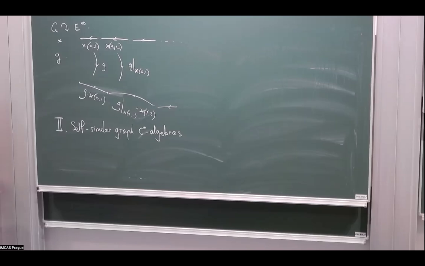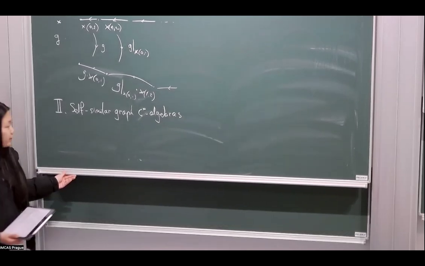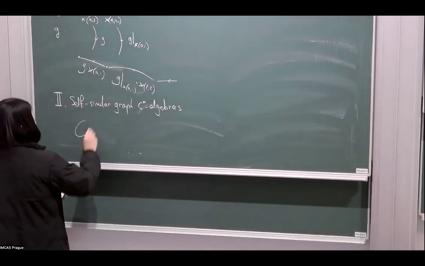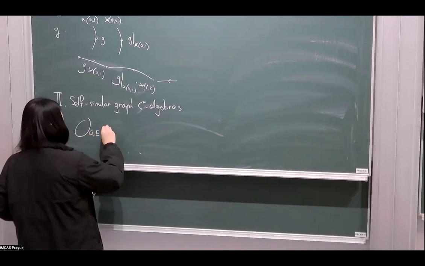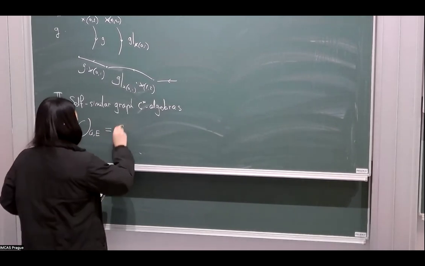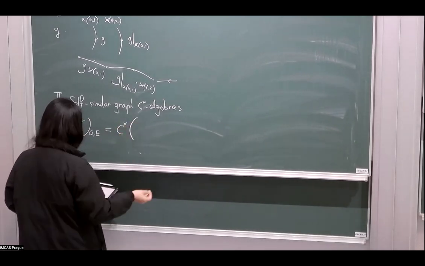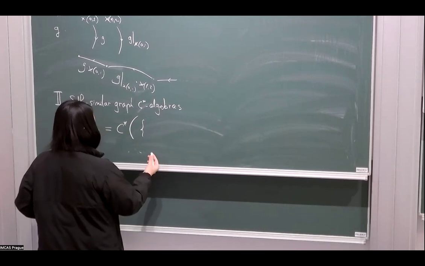When we're defining this self-similar graph C-star algebra, it's very similar to that. I'll denote by O_{G,E} the self-similar graph C-star algebra that I obtain. This will be the universal C-star algebra of the generators.